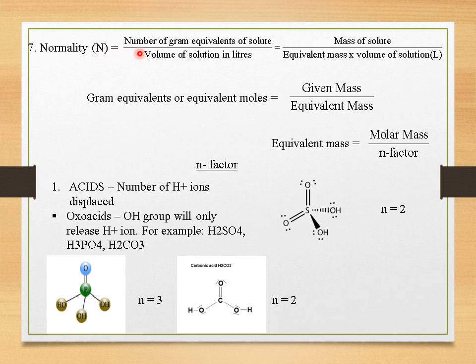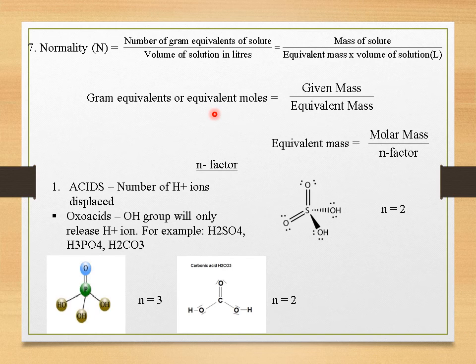Normality, represented by capital N, is defined as the number of gram equivalents of solute divided by the volume of solution in liters. When we were discussing molarity, which is capital M, it is the number of moles of solute divided by the volume of solution in liters. So there is a very slight difference between the two.